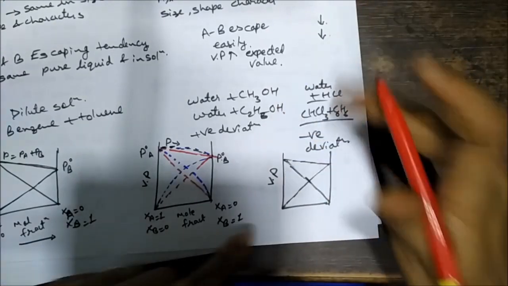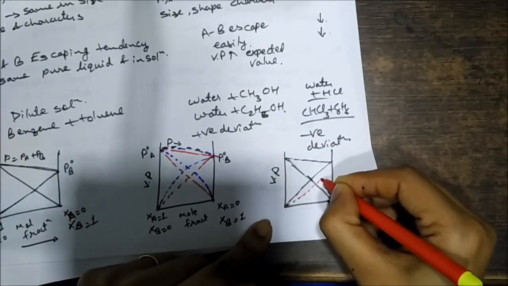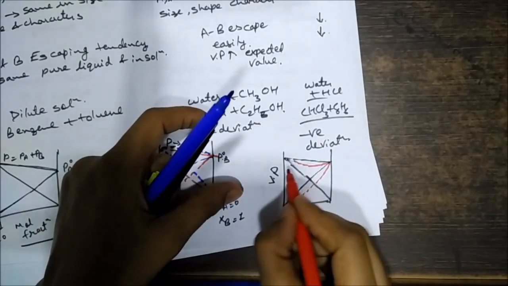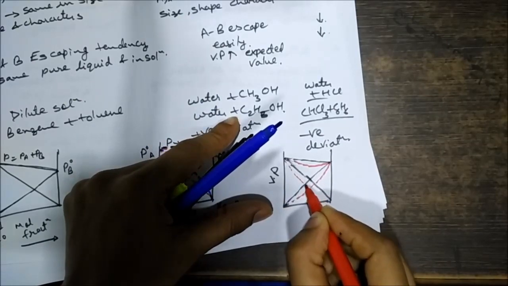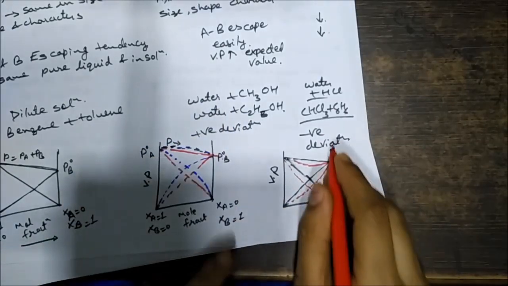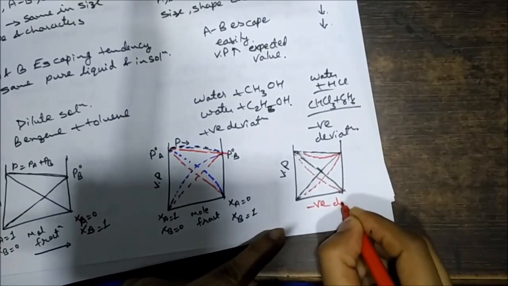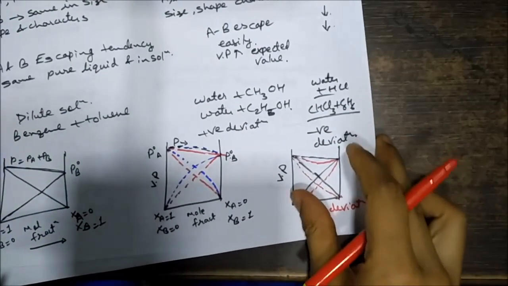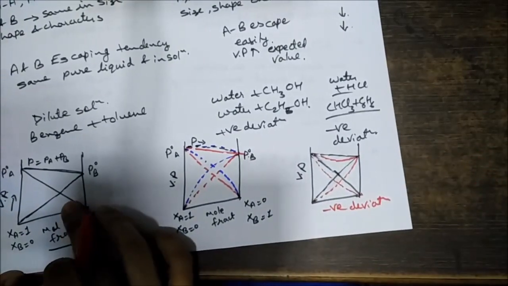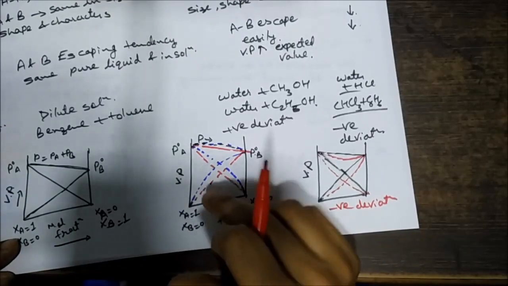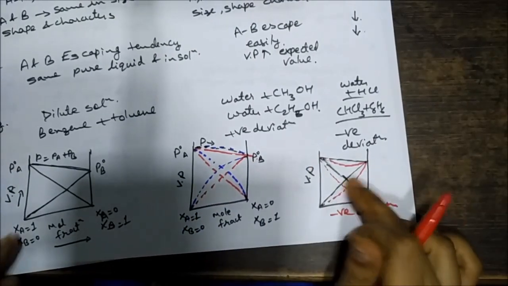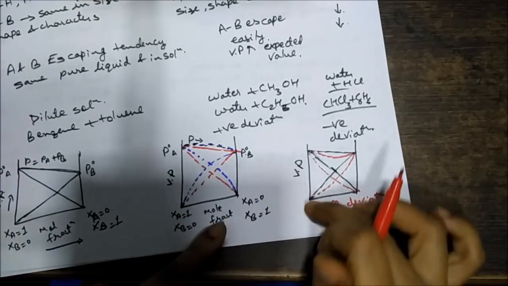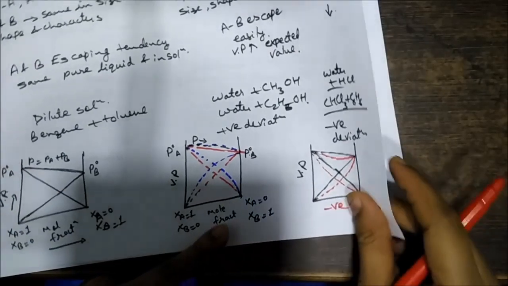It will be a negative curve, so this is for negative deviation. So for ideal solutions it is a straight line, for positive deviation it is a positive curve, and for negative deviation the solutions having negative deviation from ideal case is a curve of negative slope.